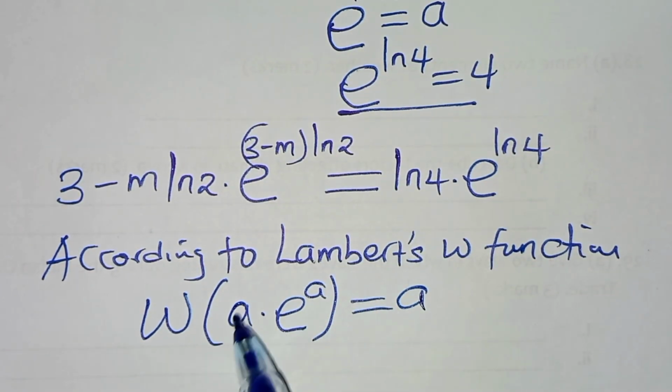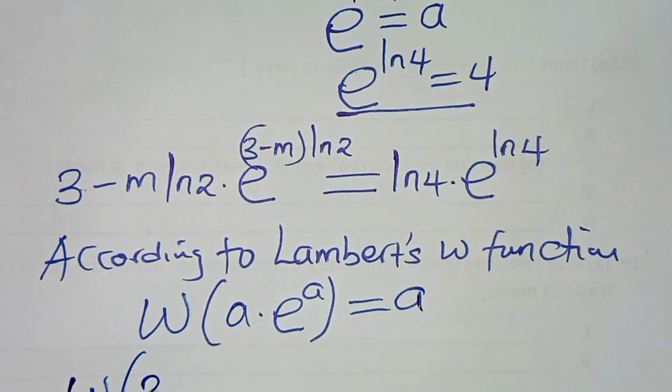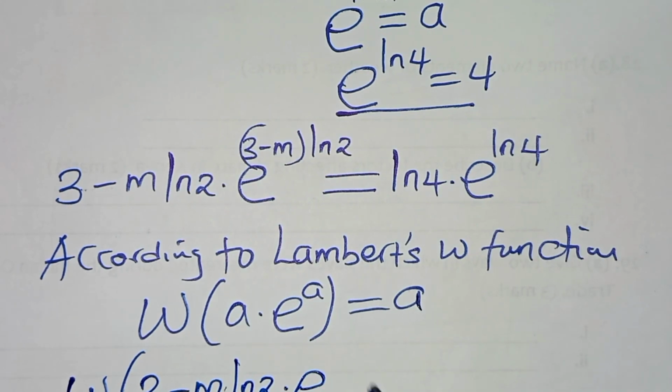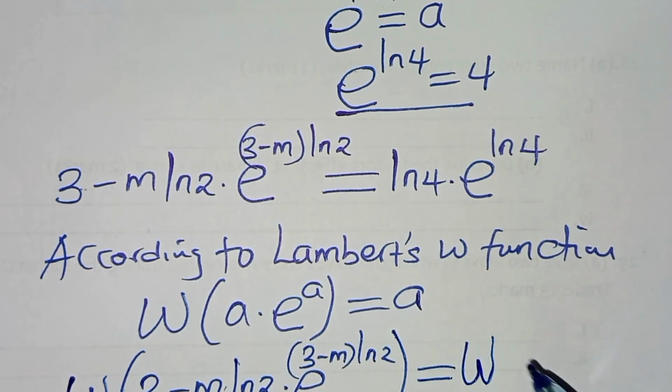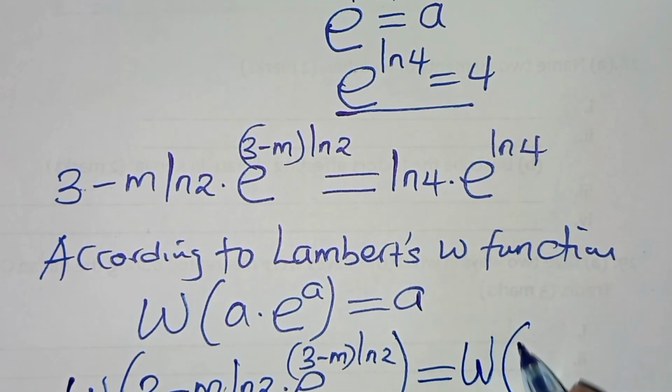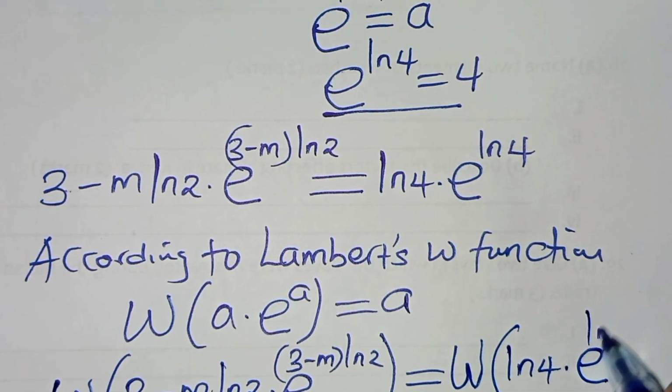Now, applying this property, you find that the W function of 3 minus m natural log of 2 multiplying by e to the power of 3 minus m natural log of 2, okay, close the bracket here. This is equal to the W function of natural log of 4 multiplying by e to the power of natural log of 4.